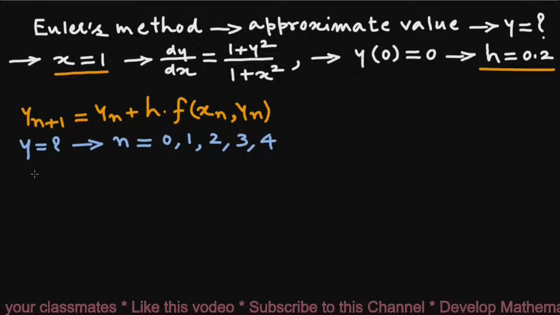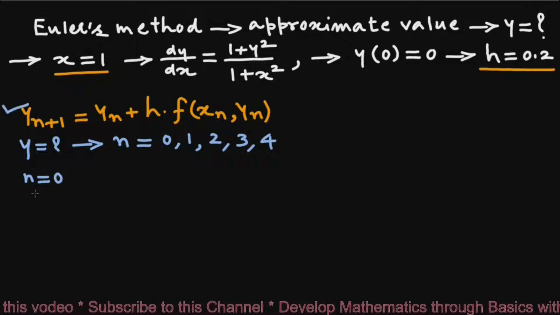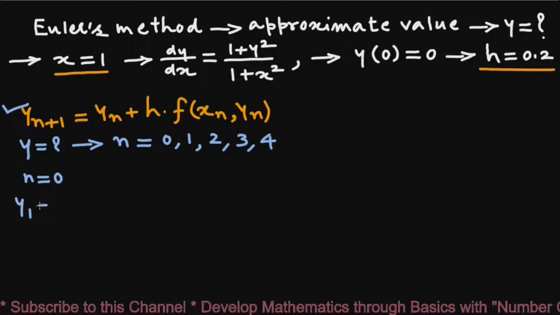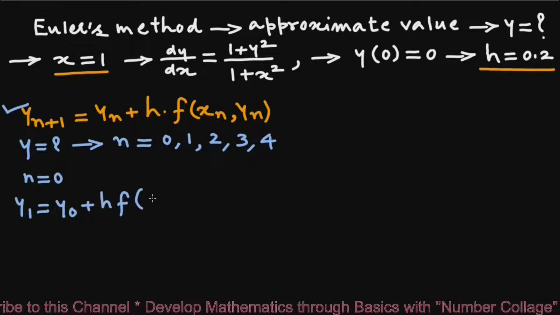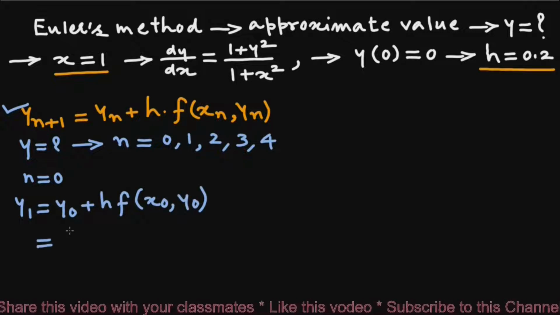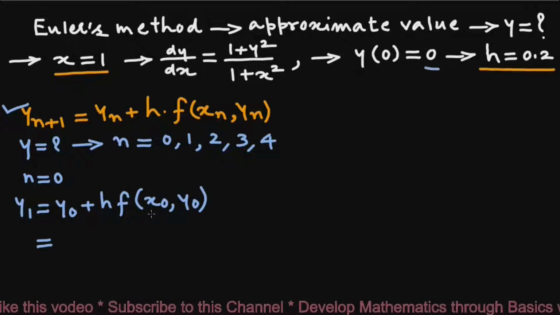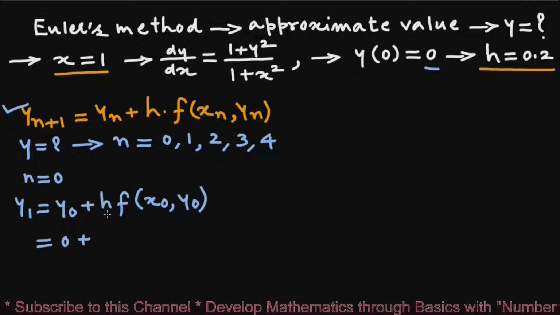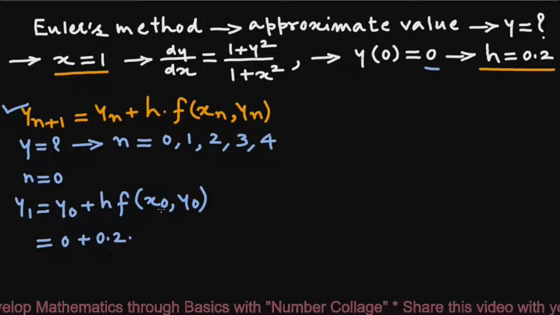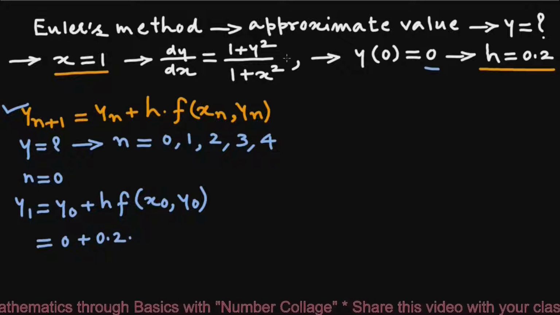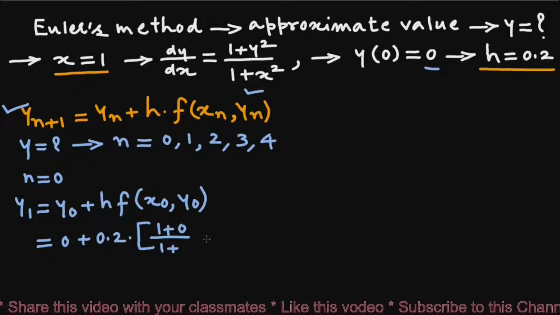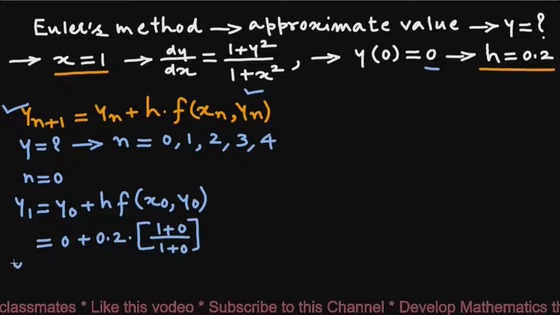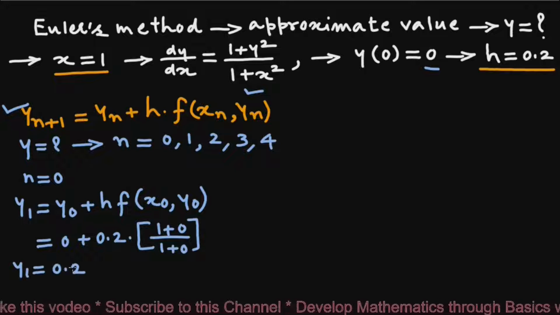So first, when n equals 0, this formula will become y1 equals y0 plus h f of x0 y0, that will be 0 plus 0.2, and f of x0 y0 will be (1 plus 0 square) upon (1 plus 0 square), which is 1. So that gives us y1 equals 0.2.